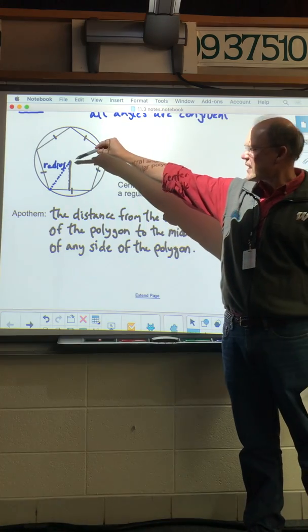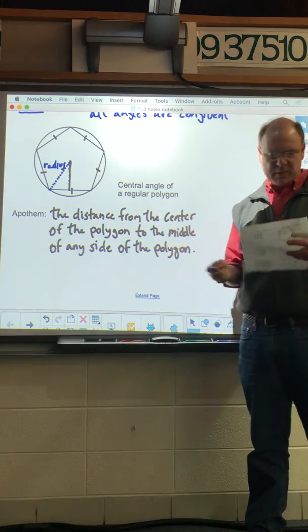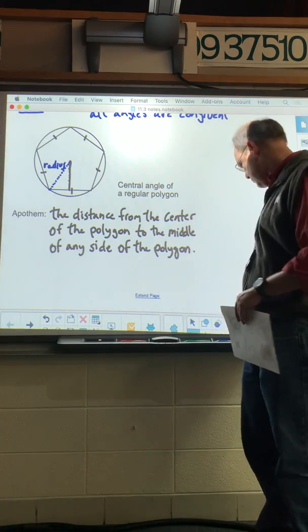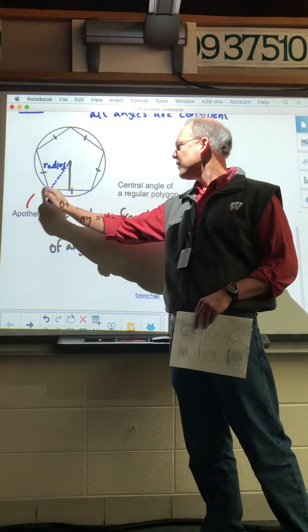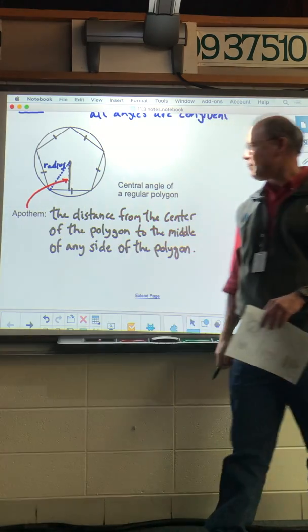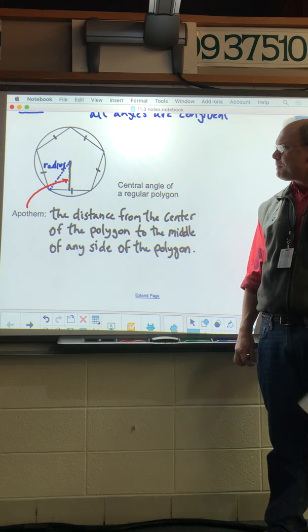The distance from the center to the middle of one of the sides. That is called the apothem. So that line right there is the apothem. Okay?